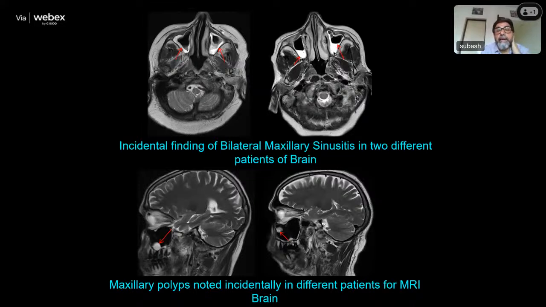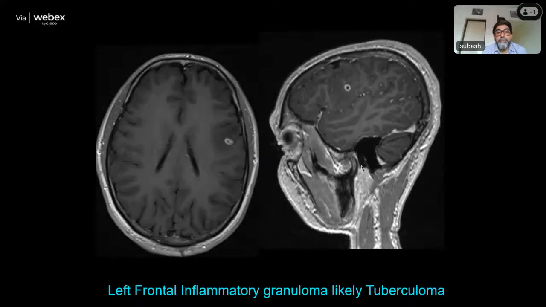The maxillary sinusitis is shown by the red arrows. Down below, you are shown small maxillary polyps in these spaces, shown by the red arrows here. Small polyps which have developed in the nasal cavity. So very beautifully they can be visualized in the MR images.